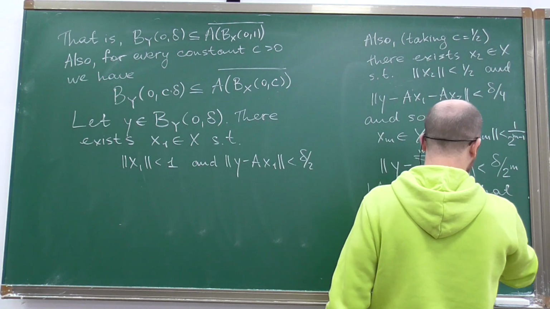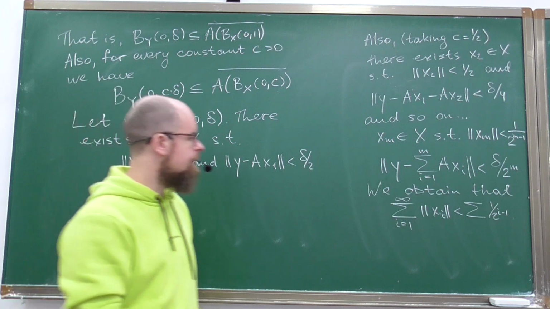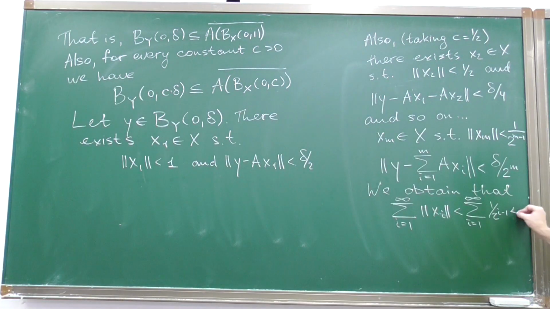strictly less than 1 over 2 to the power i minus 1, which is less than infinity. But we know that if the series of norms converges, then the series of elements converges as well.